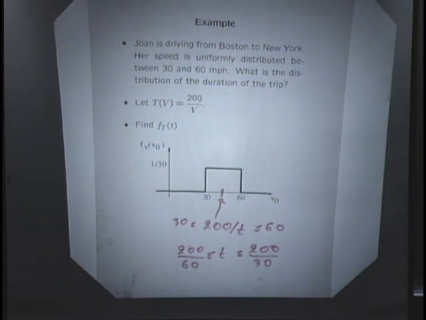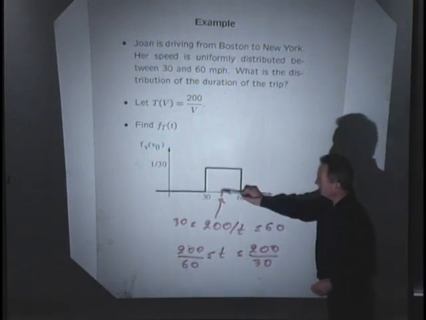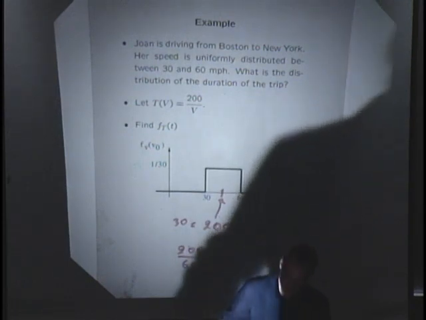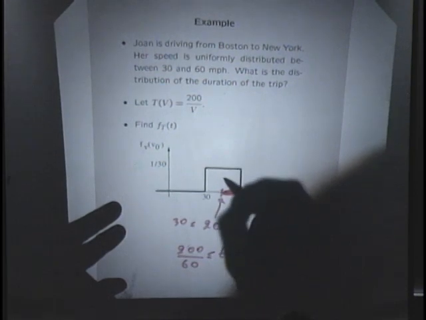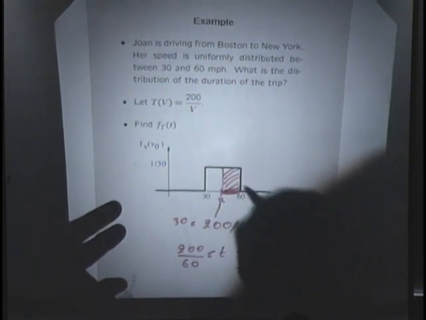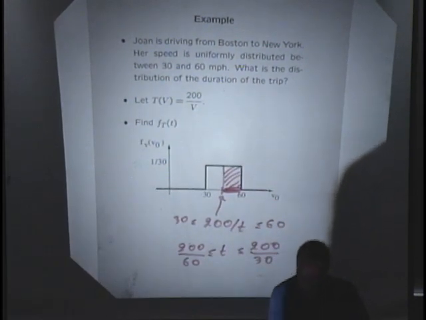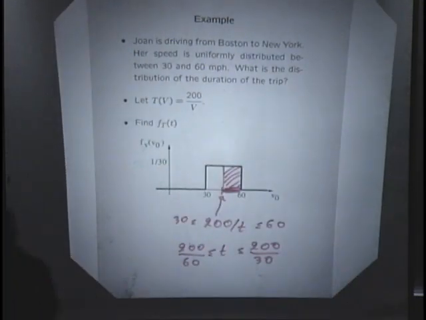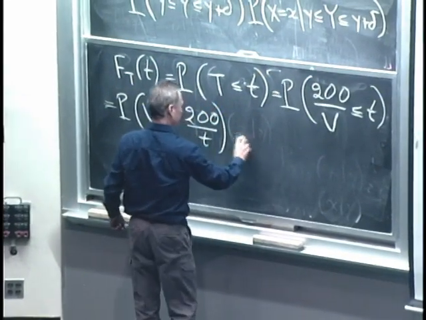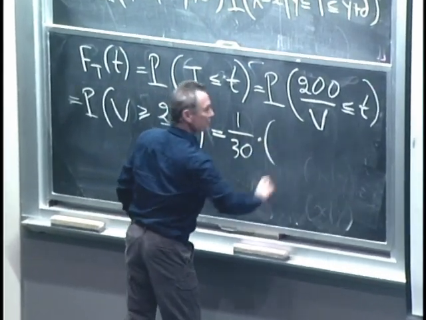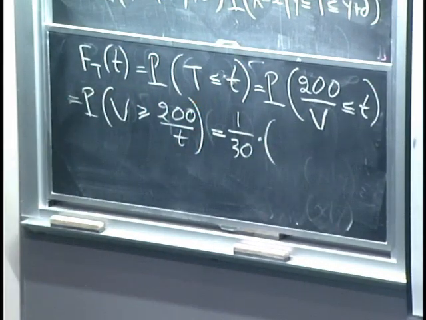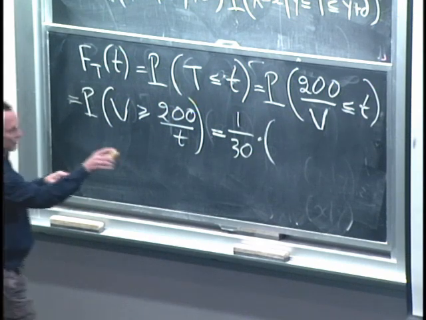So for T's in that range, what is the probability that V is bigger than this number? So V being bigger than that number is the probability of this event. So it's going to be the area under this curve. So the area under that curve is the height of the curve, which is 1/30, times the base. How big is the base? Well, it's from that point to 60.